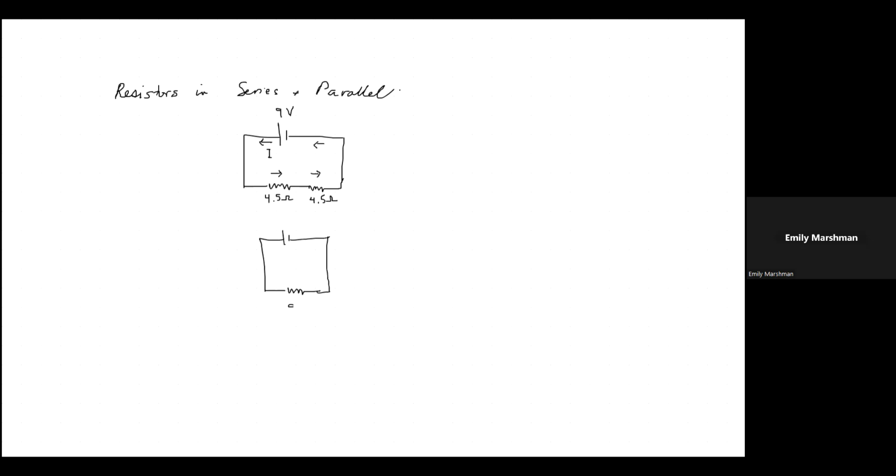So I could take these two resistors, combine them into one, and it would be a 9 ohm resistor. And it's causing the same current as the two 4.5 ohms back to back. So whether I look at this circuit or this circuit, they're equivalent. And now I can go back and use Ohm's law again and solve for the current here, which would just be 1 amp.